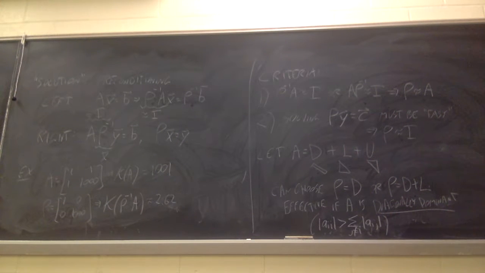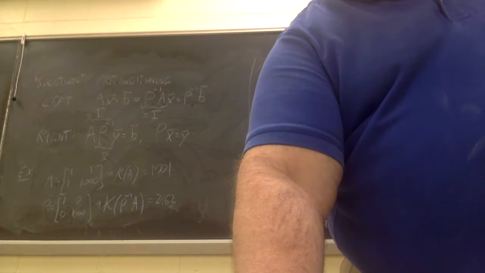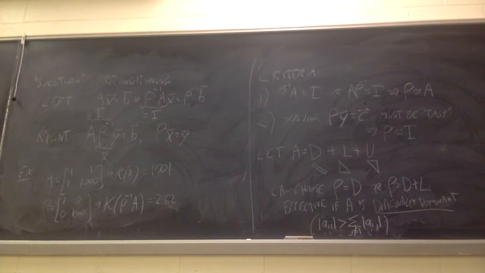So the diagonal entries are ones that are dominant within their row in terms of size. And those matrices do come up in PDEs.